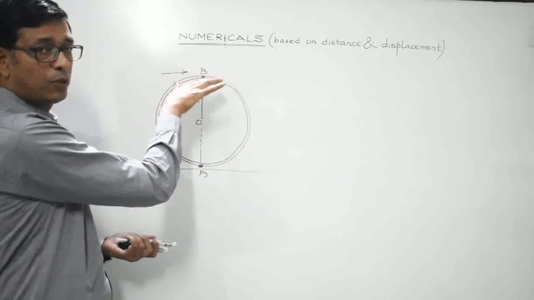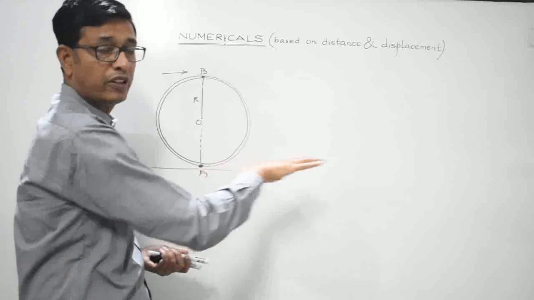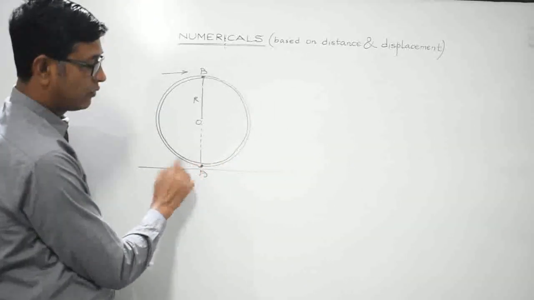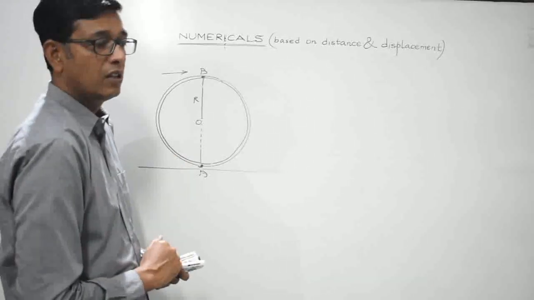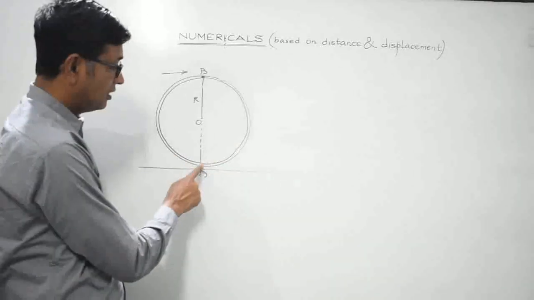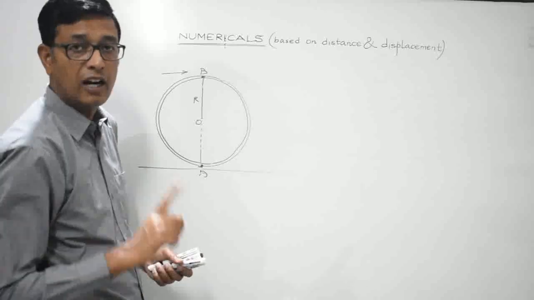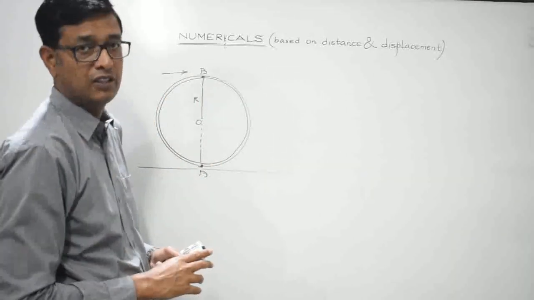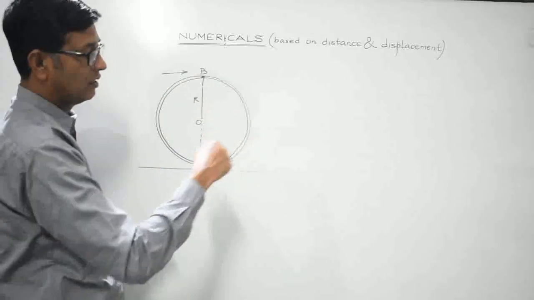On giving a slight push, obviously this ring will start moving in the forward direction. So this point A, which is initially in contact with the ground, you are supposed to find the displacement of this point A after this ring has covered half the revolution.